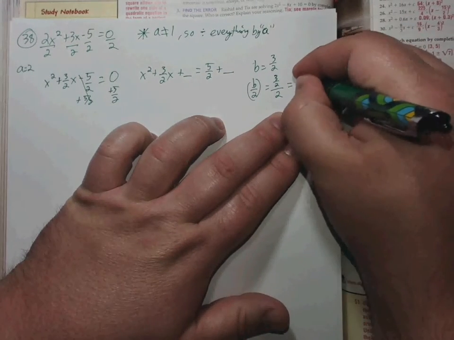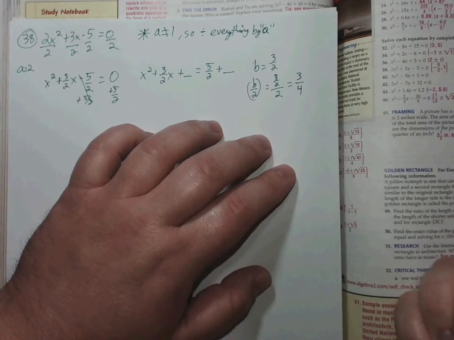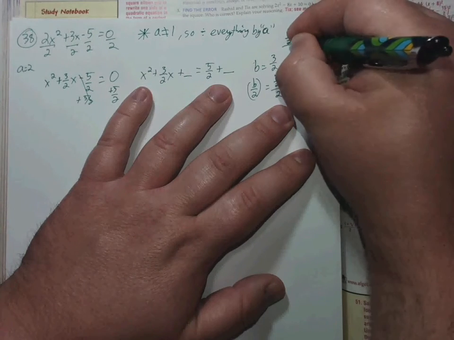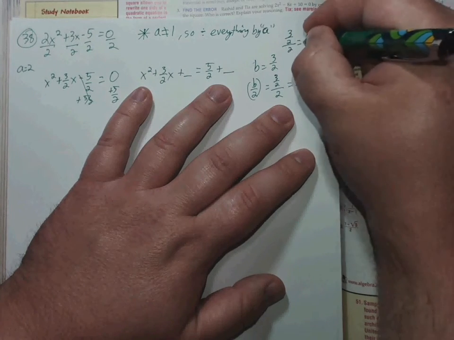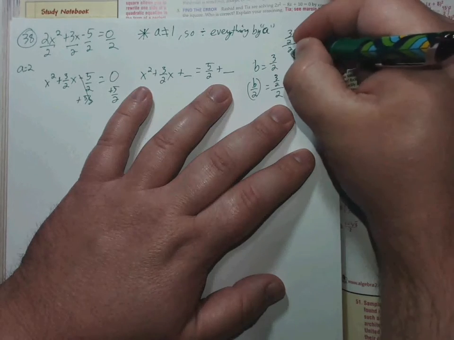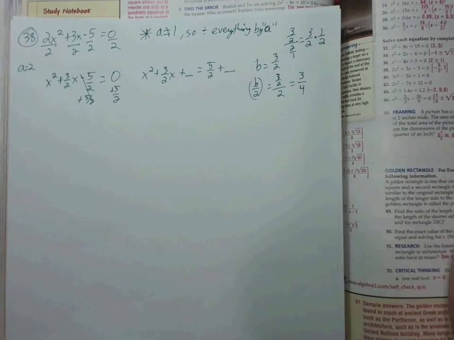That equals 3 over 4. Okay? The other way to say that is 3 over 2 divided by 2 is the same thing as 3 over 2 times 1/2. Remember, you divide by a fraction, you multiply by the reciprocal. That's why it's that.